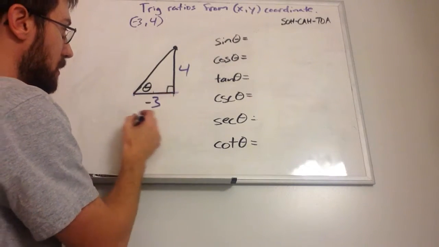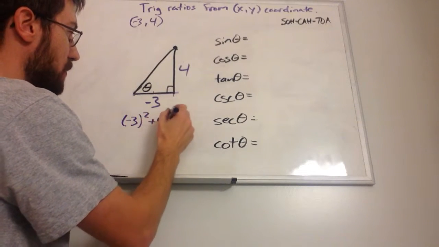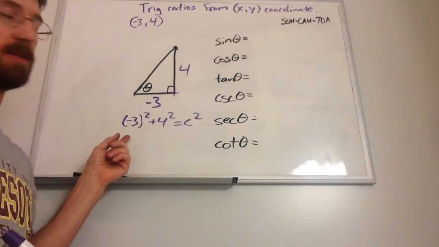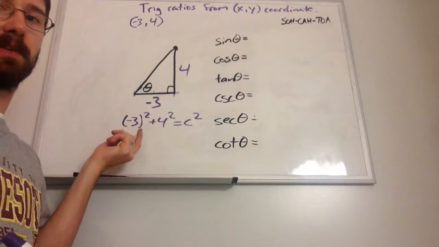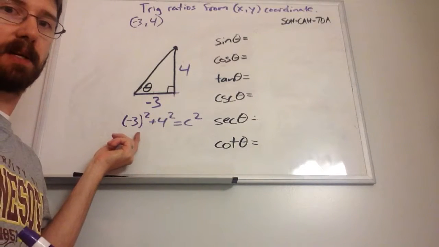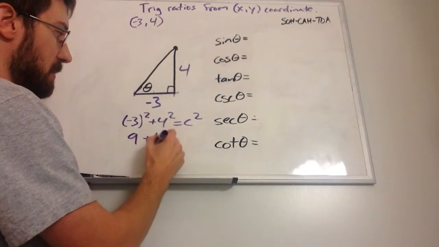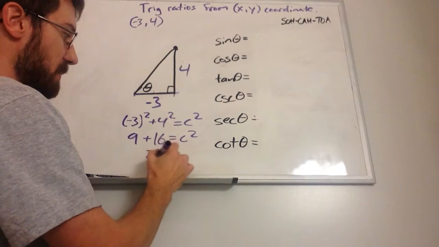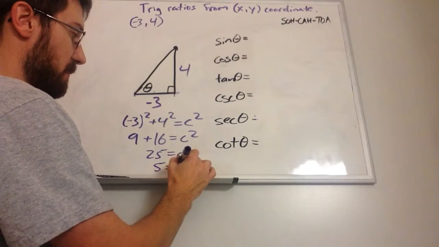So I want to do -3 squared plus 4 squared equals c squared. Now be careful here, because if you just try to plug this into your calculator and you don't put parentheses around -3, it's going to give you -9, you're going to have a bad time, it's not going to work out. -3 squared is +9, plus 16 equals c squared, 9 plus 16 is 25 equals c squared, so c is going to be 5.